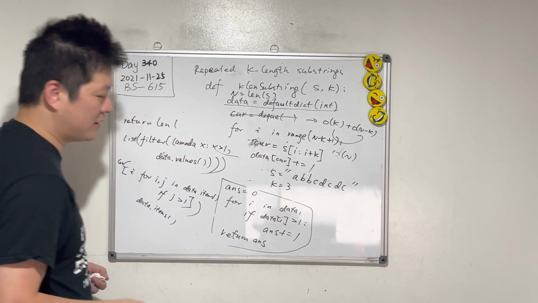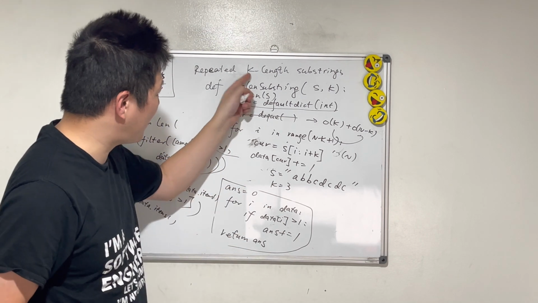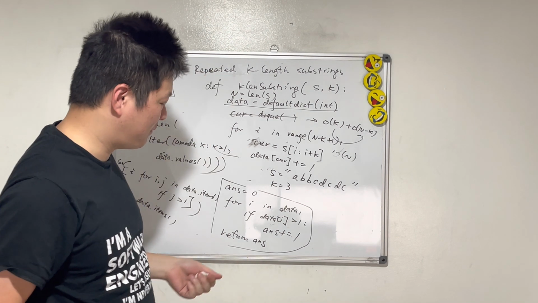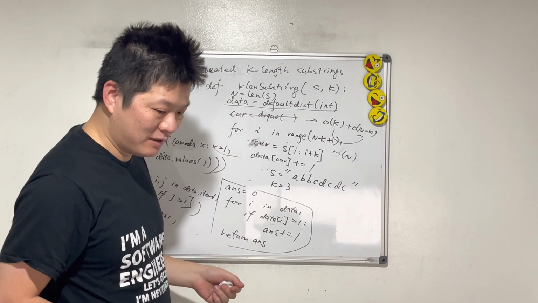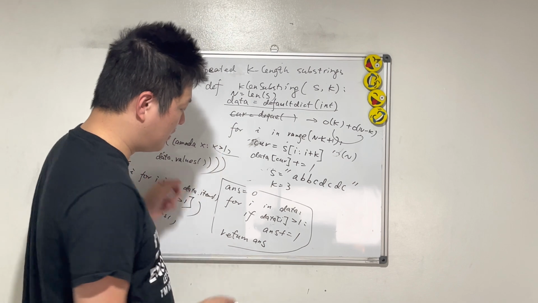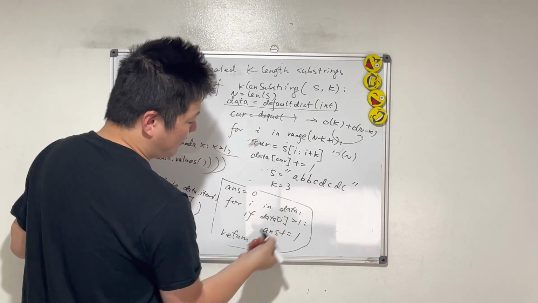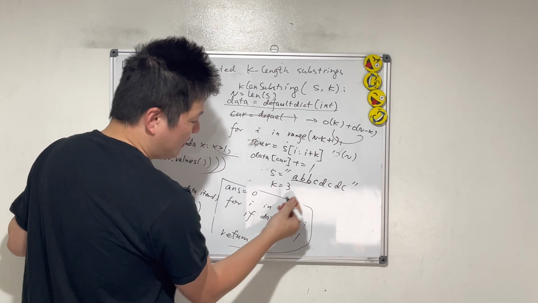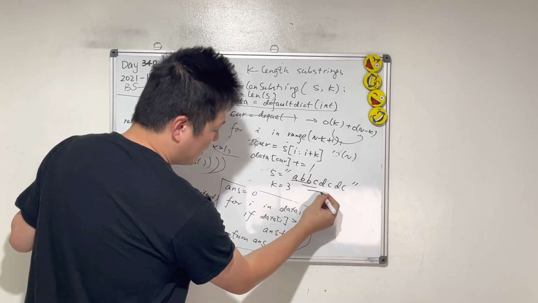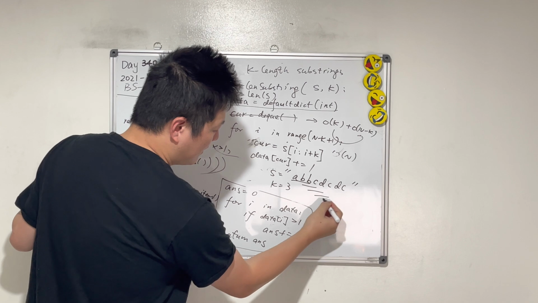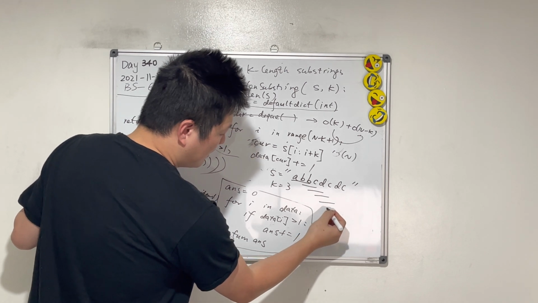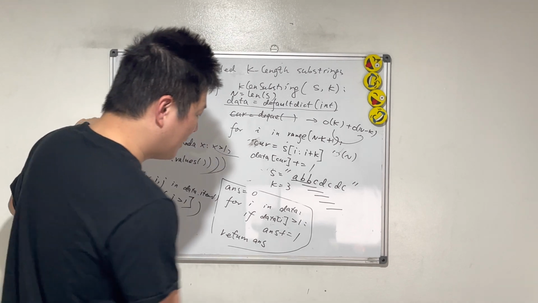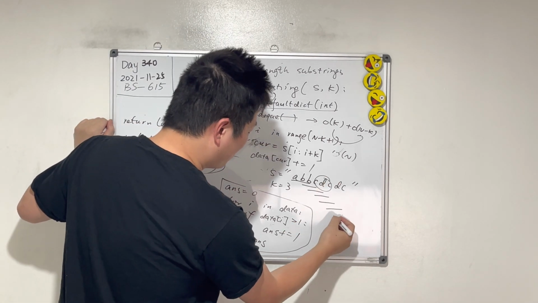How many repeated k-length substrings appear more than once? K equals 3, so what do we do here? We try every substring: B, B, C, then B, C, D, then C, D, C, and so on. Which one is repeated more? C, D, C is repeated, so we return 1. Make sense?